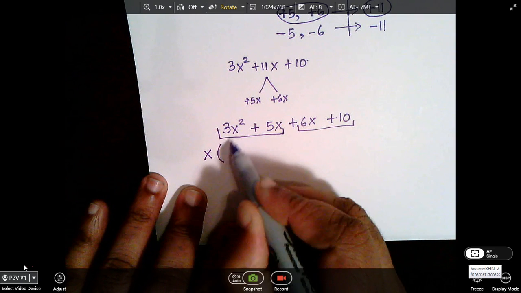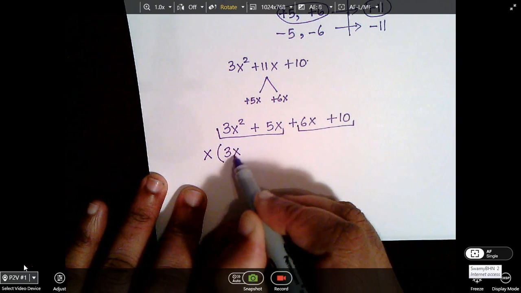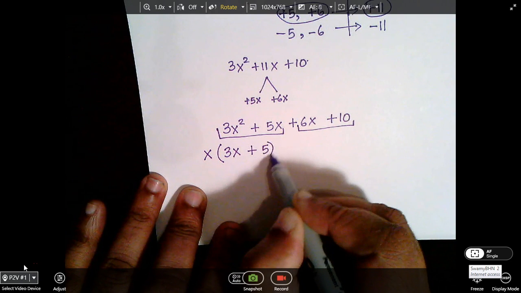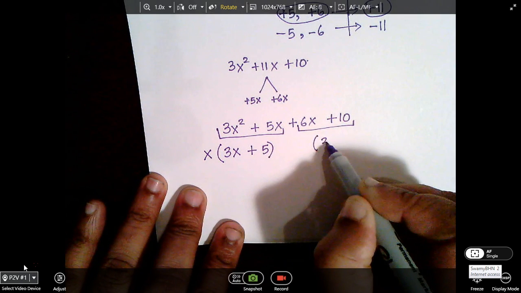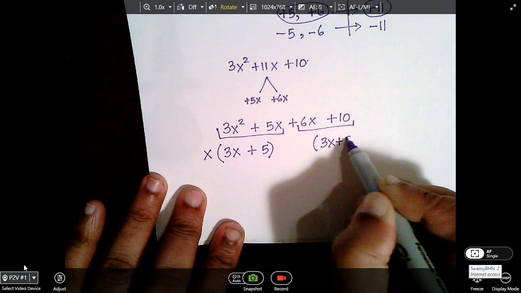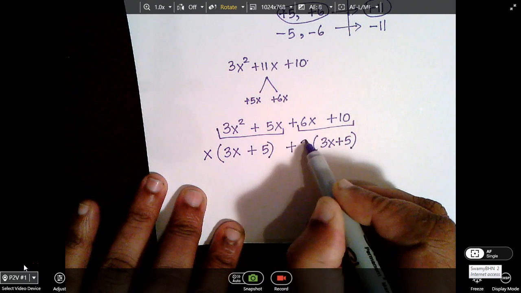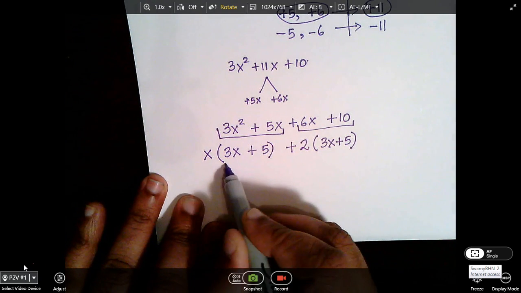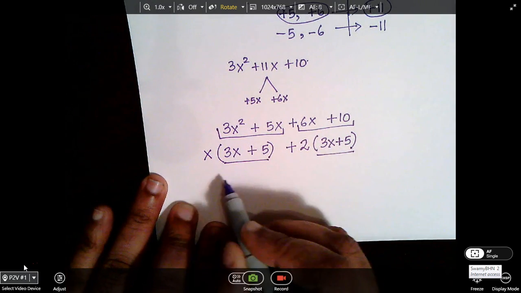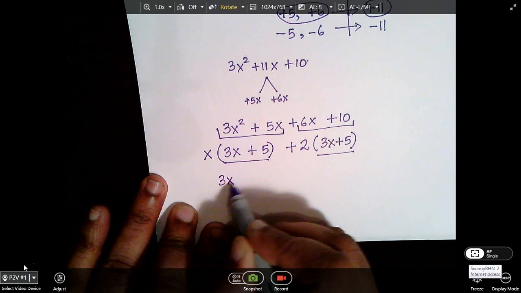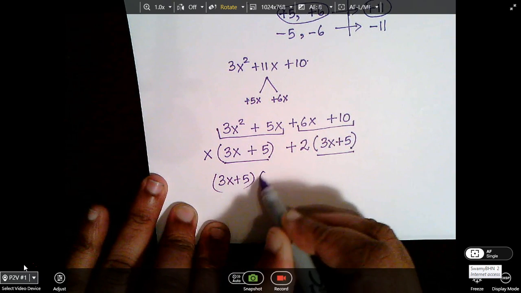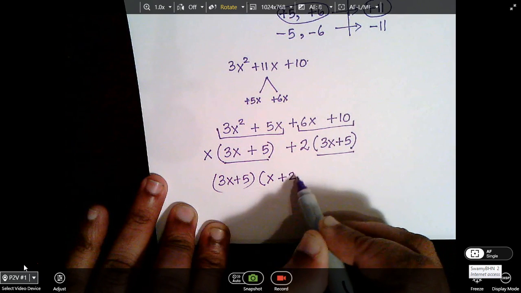So what's left of this term is a 3x. What's left of this term is a 5. Remember, I have to have the same binomial factor here also. So the common factor that I'm pulling out of these two is a positive 2. Now the common binomial factor is 3x plus 5. And what's left is x plus 2.